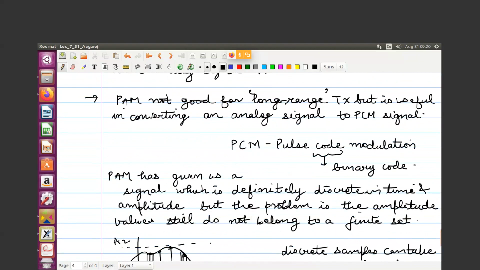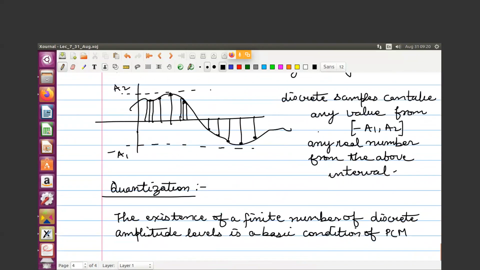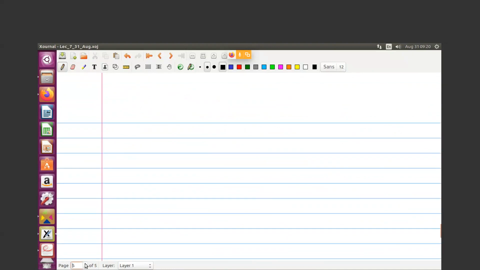So the finiteness comes from this issue of assigning code. We need a finite number of discrete amplitude levels to which we will be assigning codes. So the existence of a finite number of discrete amplitude levels is a basic condition of pulse code modulation.